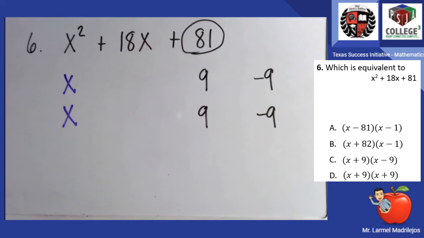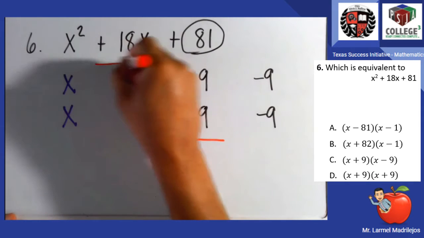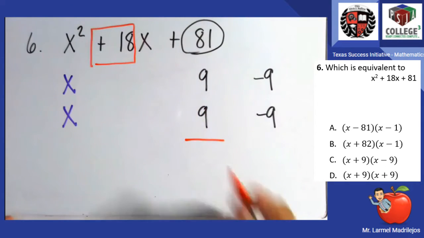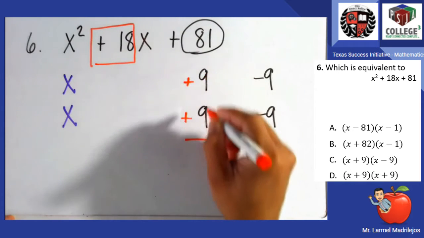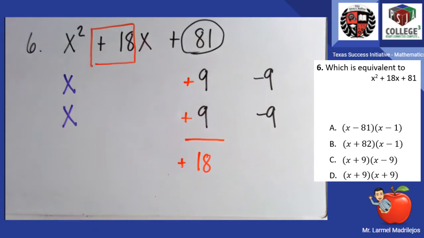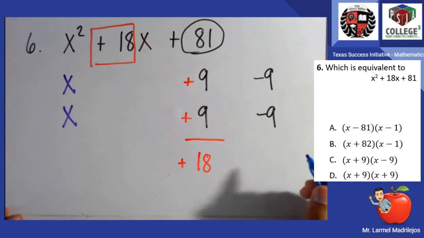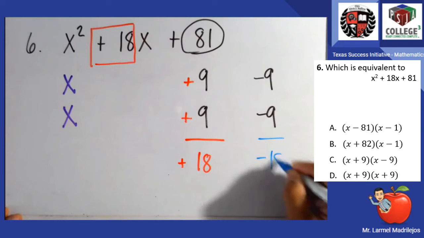But we need to verify if this answer matches positive 18 here. Okay, let's add. This is positive, this is positive. 9 plus 9 is 18 positive. While negative 9 minus 9 is negative 18.